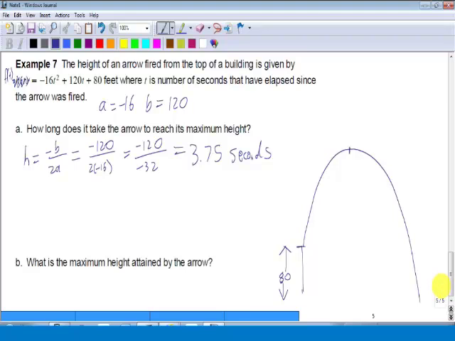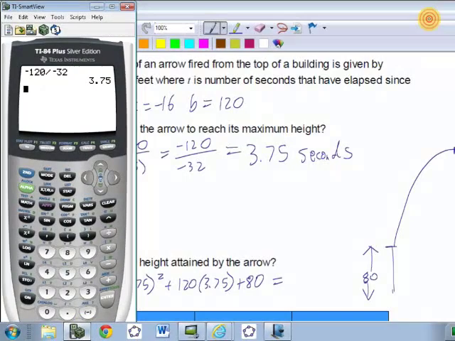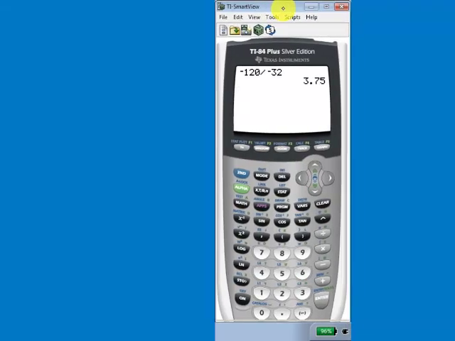What is the maximum height? We evaluate the function at 3.75. f of 3.75 equals negative 16 times 3.75 squared plus 120 times 3.75 plus 80, which I think ends up being a whole number. 305 feet.